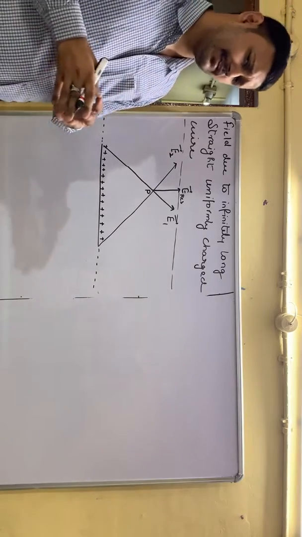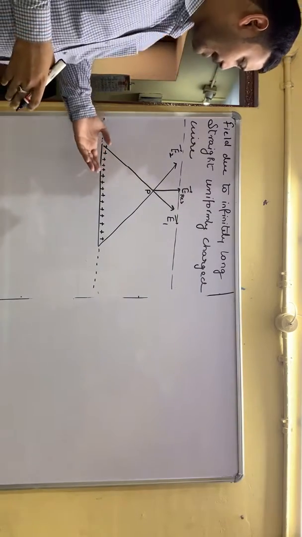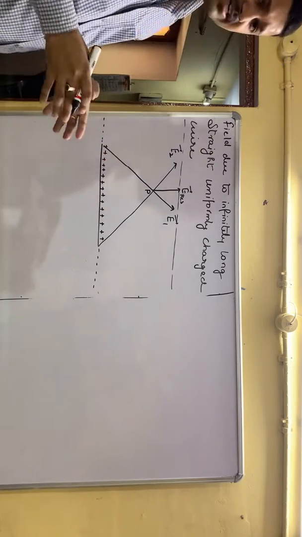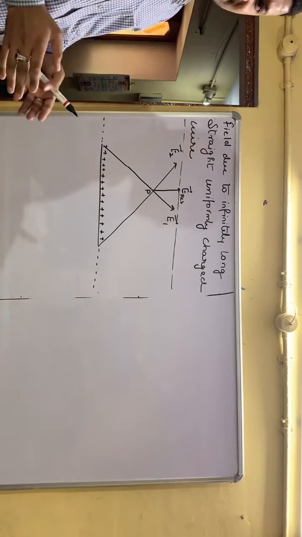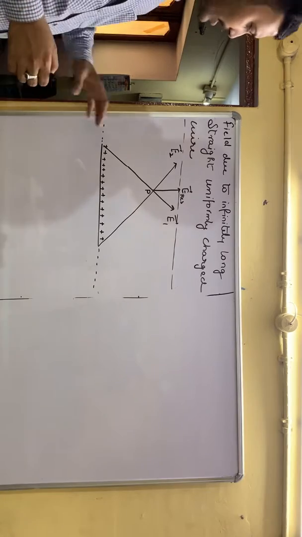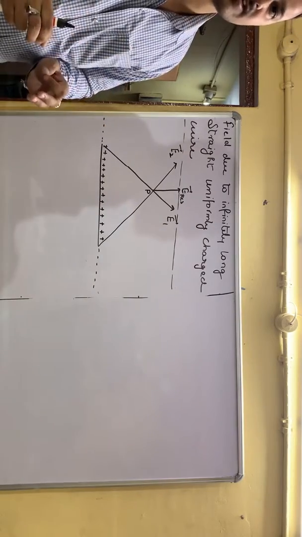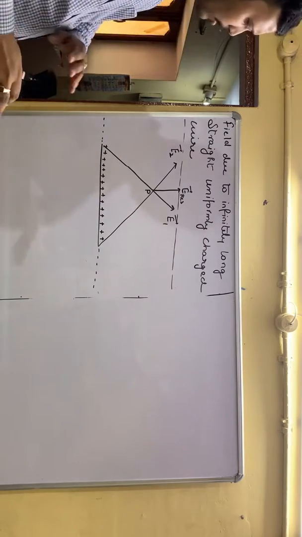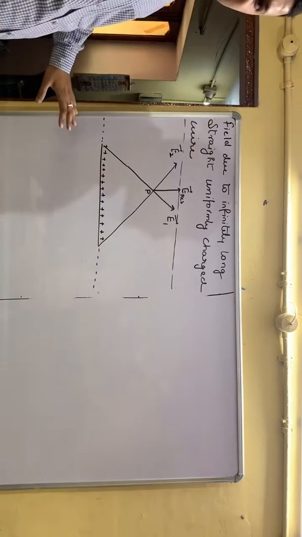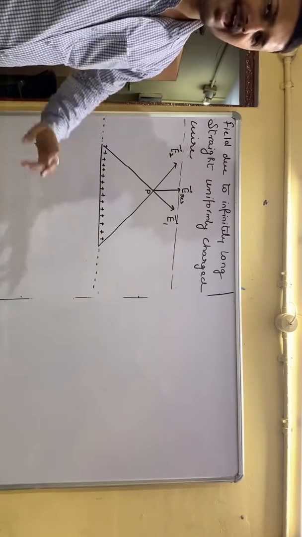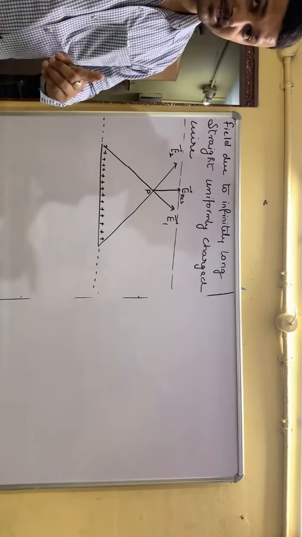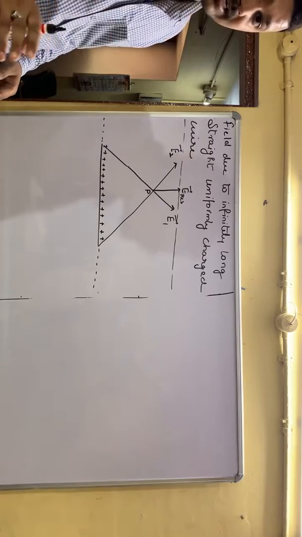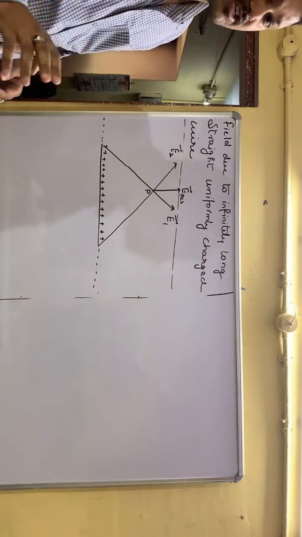Now we know very clearly that every body which has uniform charge around it will be marked with a Gaussian surface. In this 2D view we can see this wire as a two-dimensional wire, but in 3D this wire will look like a cylindrical body.